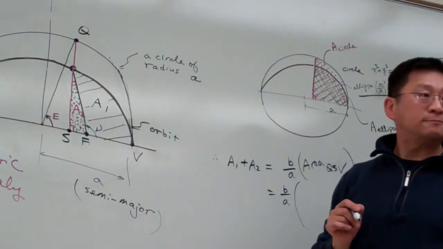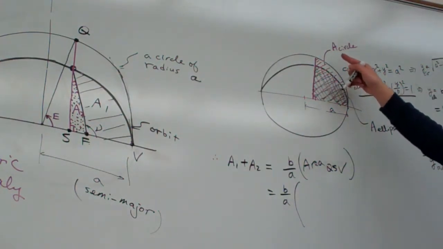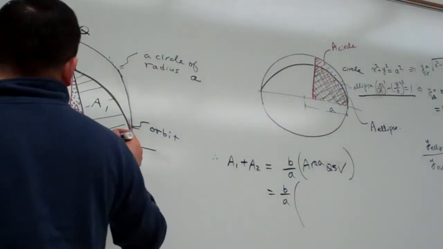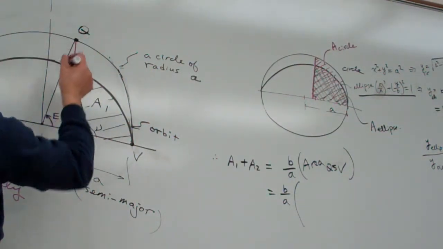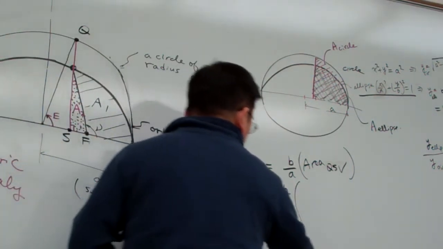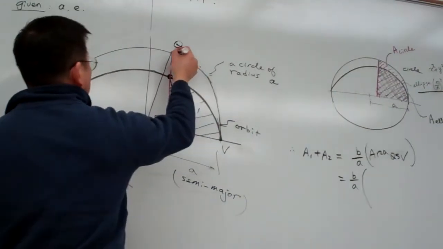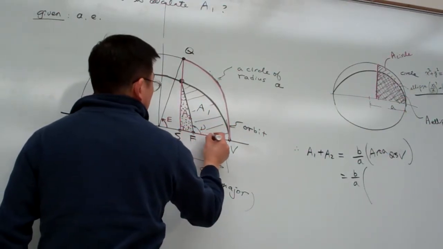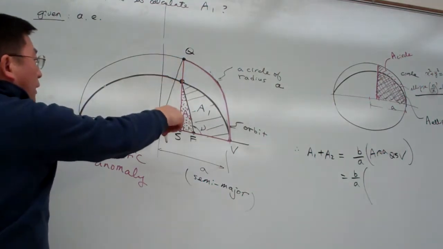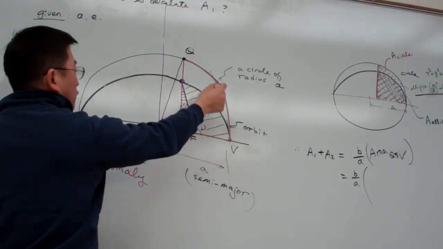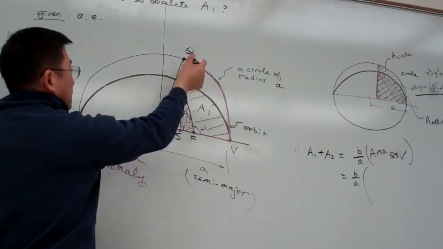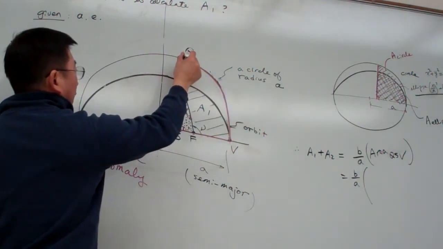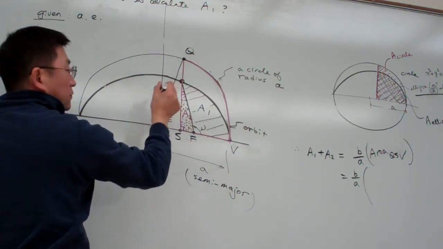Are you able to see it? Again, right now the QSV is this area. This one basically equals this pie minus this triangle. Are we okay?